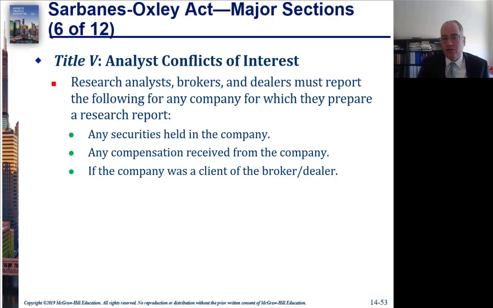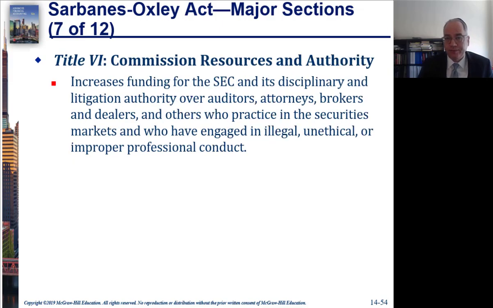So they wanted to address this problem. Analysts, brokers, and dealers must report the following when they prepare a research report: any securities held in the company, compensation received from the company, and if the company was a client of the broker-dealer. So this way, when you read a research report, you can analyze for yourself if the person might have a vested interest in one answer or the other.